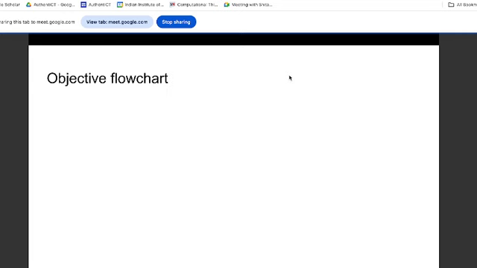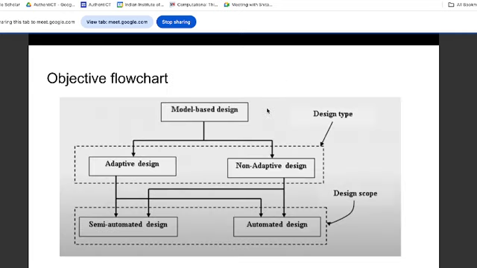So if we look at model-based design, based on the design type, there are two types of model-based design. One is adaptive and non-adaptive. Design type is whether the interface layout changes based on the specific user's input or not. And then design scope.